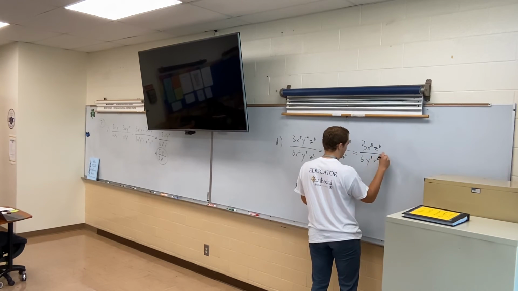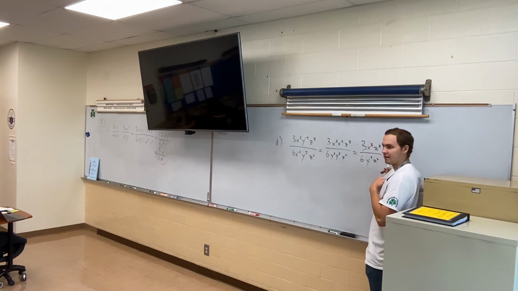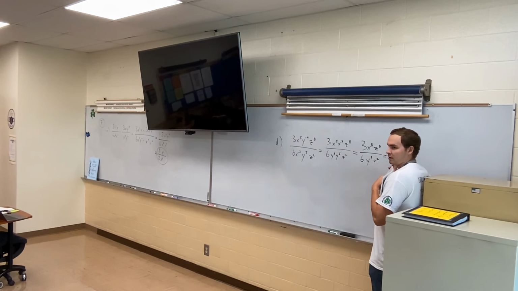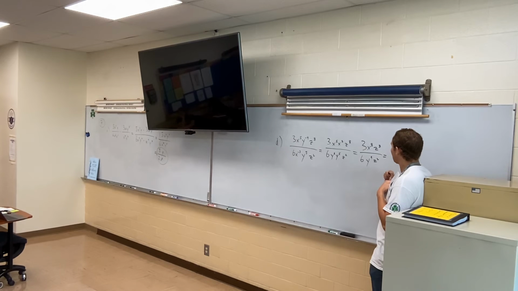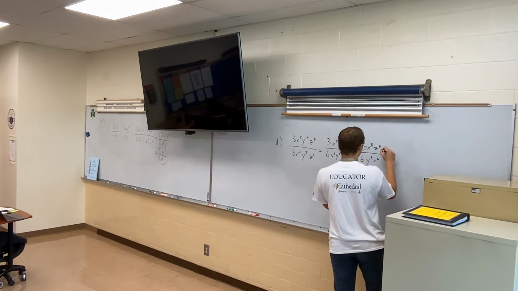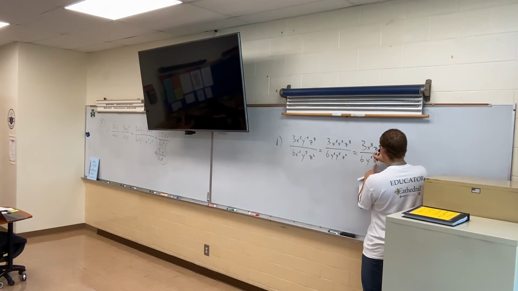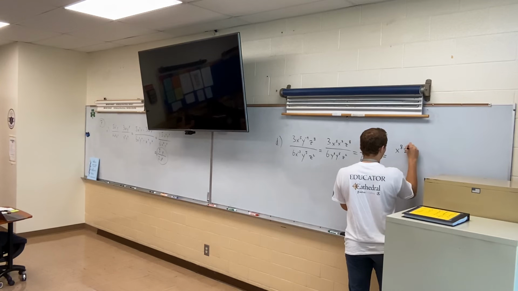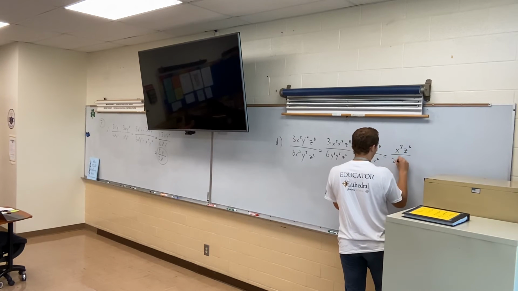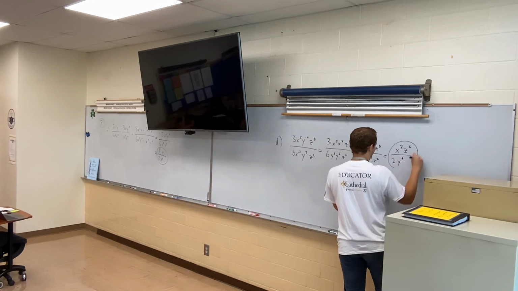Last thing I have to do is what? Simplify. What do I simplify? You do the 1/2, that's one thing I've got to do. And then you do your z's. So I should have an x to the 8th, and then this z to the 8th minus 2 takes away 2 from here, so that's z to the 6th over 2 y to the 9th.